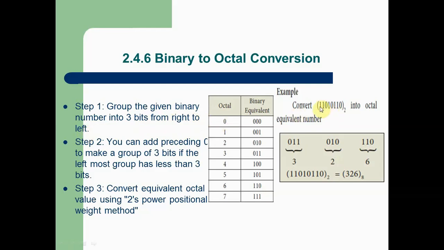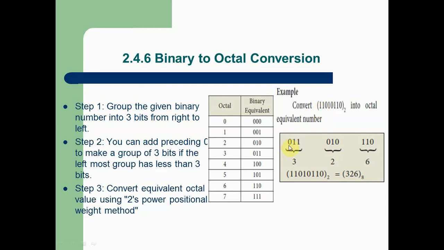Here you can see there are many binary digits which you want to convert into an octal number. We group the binary digits from the right direction. We group the first 3 binary digits, 0 1 1, and then 0 1 0. Finally we get only 2 digits, so the remaining one should be filled with a 0.